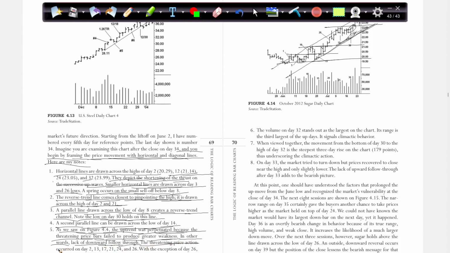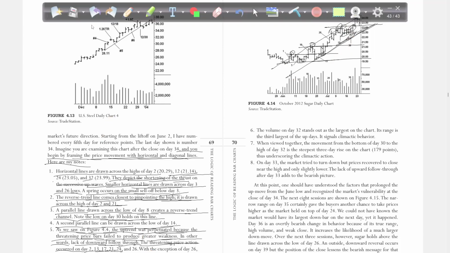The threatening price action occurred on day 2, 13, 17, 21, 24, and day 26 down here, with the exception of day 26.